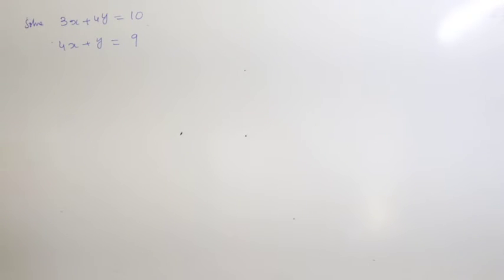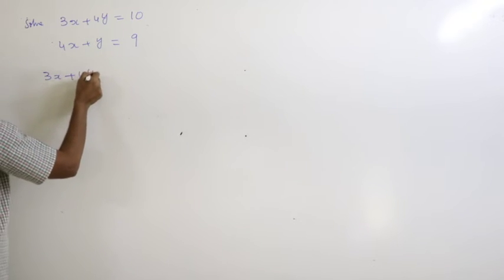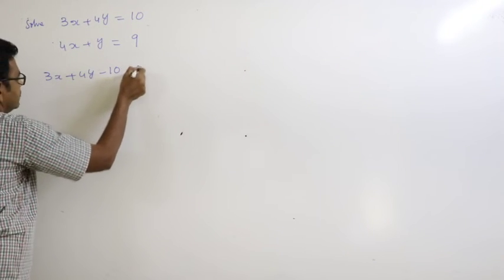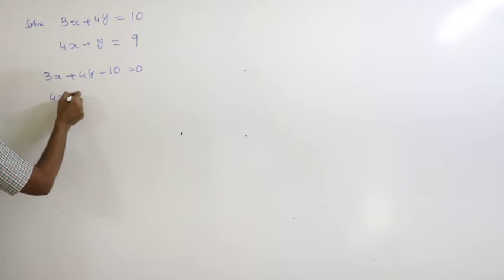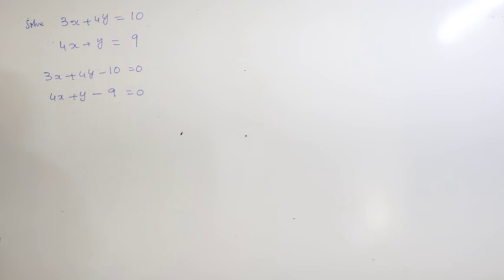Solve this equation. In the same process, 3x plus 4y minus 10 equal to 0, 4x plus y minus 9 equal to 0. First write the coefficient of y, 4.